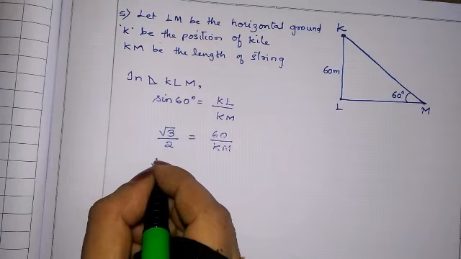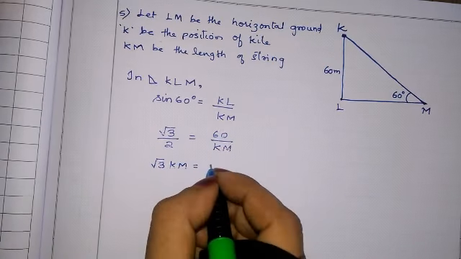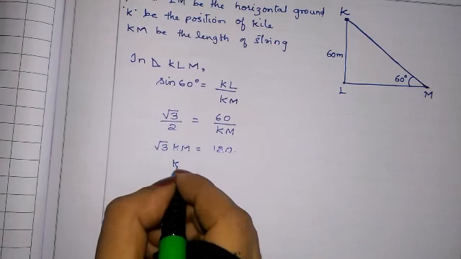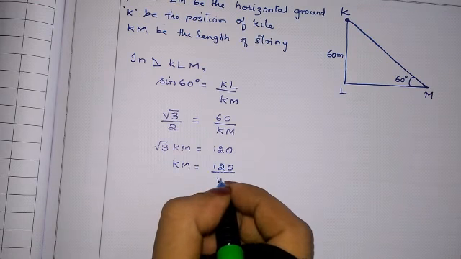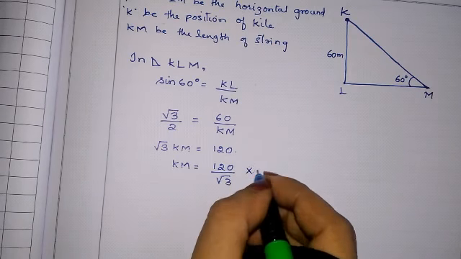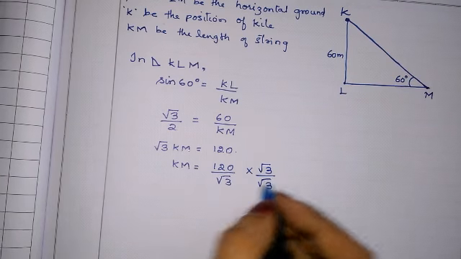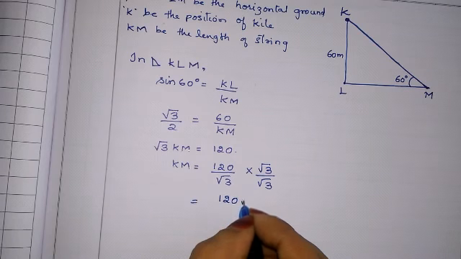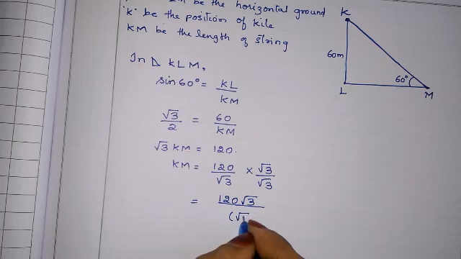KM into root 3 is equal to 2 times 60, 120. So KM is equal to 120 by root 3. Again the same process, rationalize the denominator: multiply by root 3 upon root 3. That becomes 120 root 3 upon root 3 into root 3, which is root 3 squared.